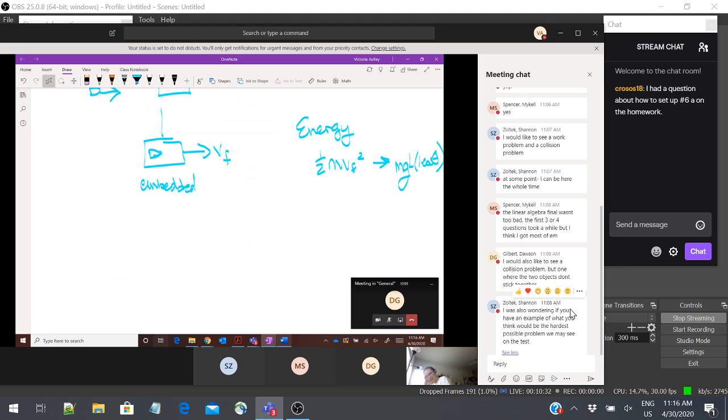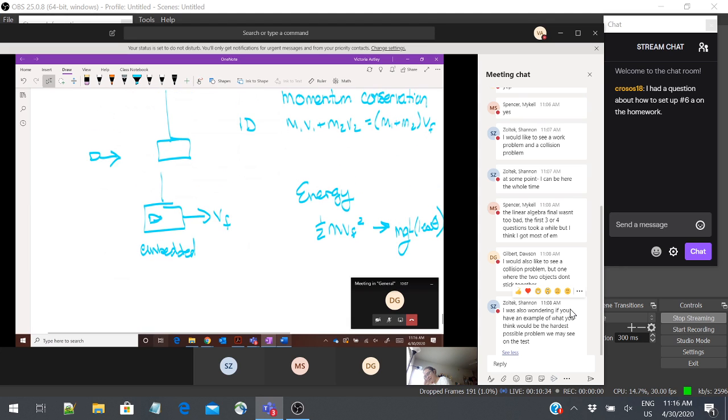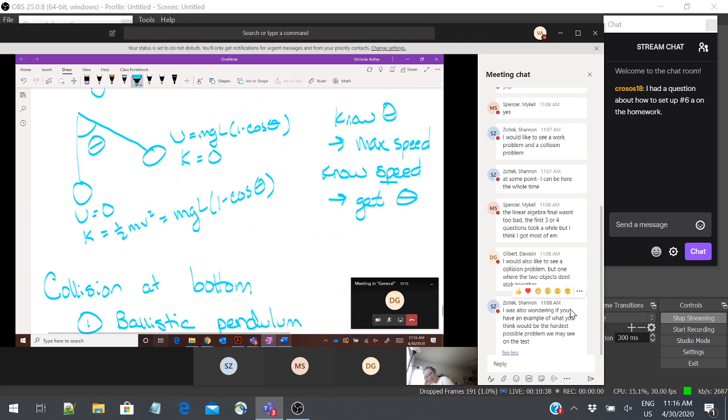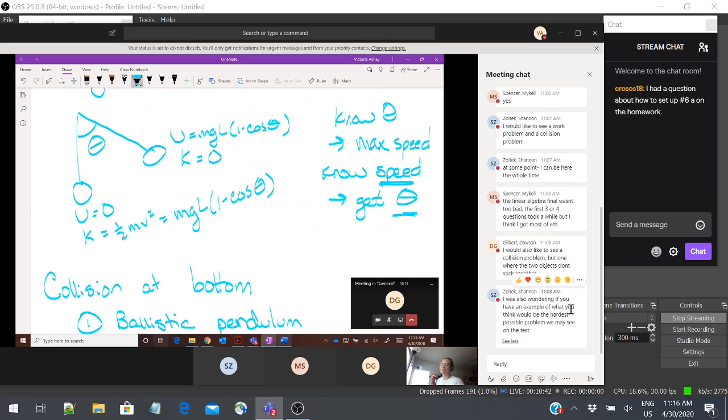Does that make sense? The momentum process is how you find v, and then once you know v, you can get theta. And then the same is true when it swings back down.